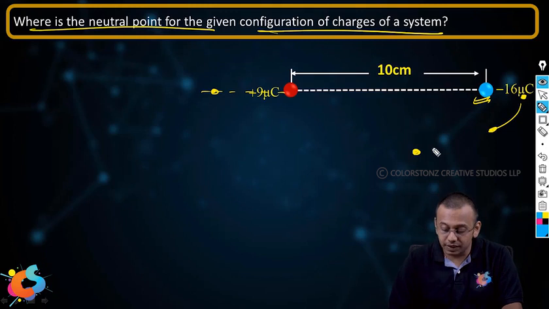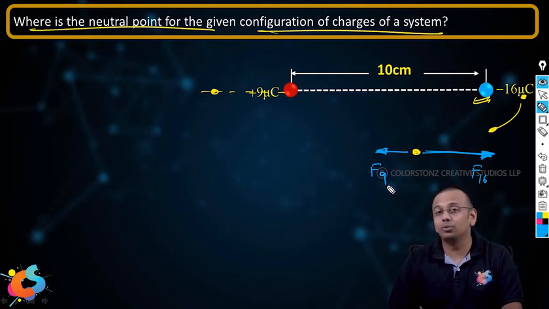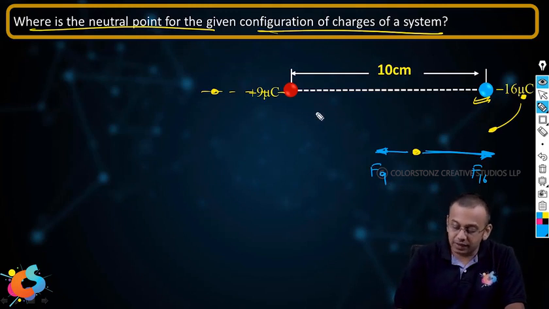If I draw the forces, then the force due to the 16 microcoulomb, let me write it as F16, will always be much greater than the force due to the 9 microcoulomb charge, and therefore this is also not possible. So the only possibility which remains is here.